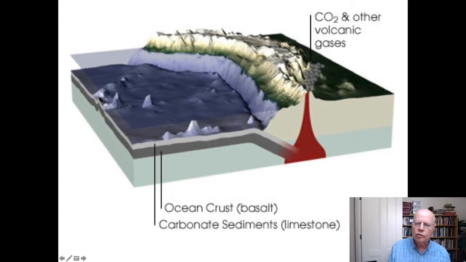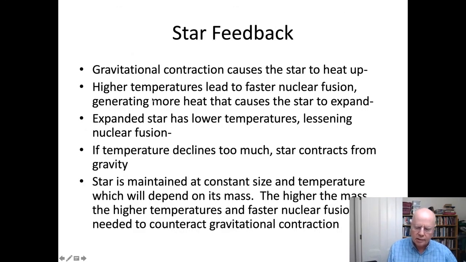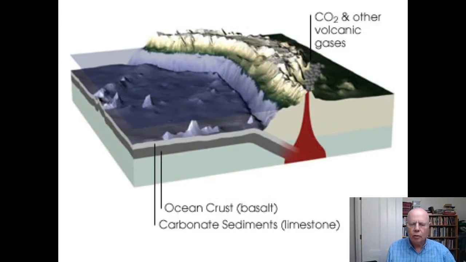Adding CO2 to the atmosphere then causes global warming, and as the CO2 rises in the atmosphere, the temperature of the Earth heats up. The counterbalancing effect is the deposition of carbonate rocks at the bottom of the sea floor. The carbonate rocks are made up of calcium carbonate, CaCO3.